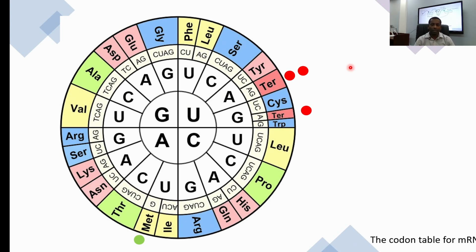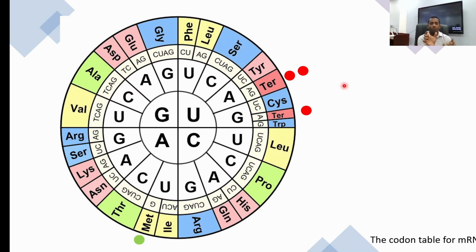So when the ribosome reads the mRNA molecule, reading of the mRNA molecule is done in codons, in 3 nucleotide base pair segments, right?